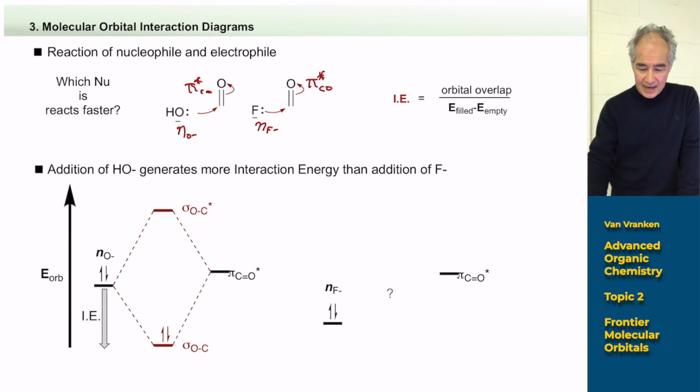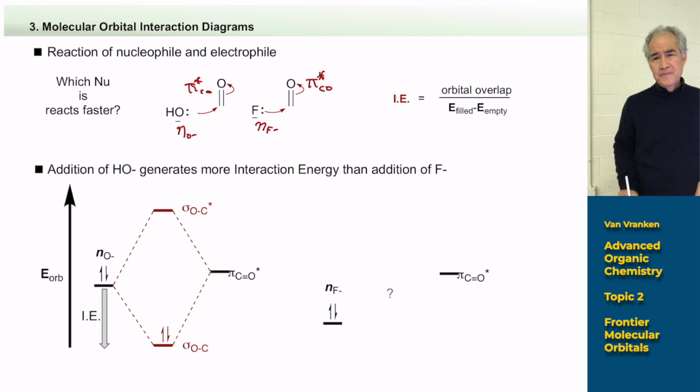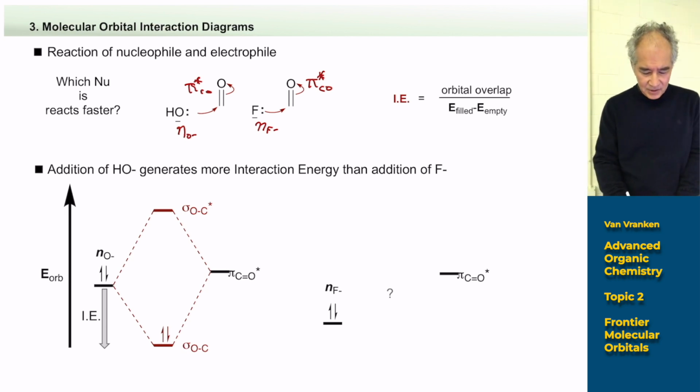So here I've indicated, just qualitatively, that the lone pairs on hydroxide are high in energy. They're very nucleophilic. And pi star I've got over here. So the gap is going to be reasonably small. I'm going to get a strong interaction if I add.